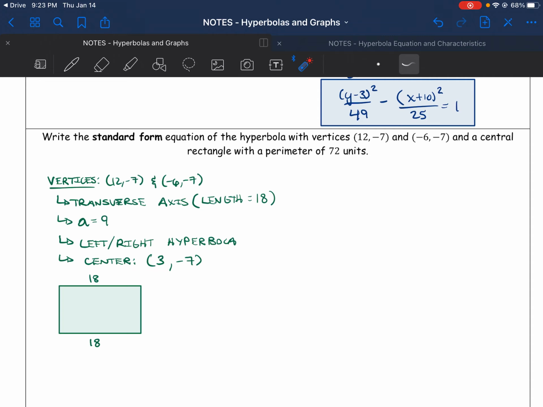So thinking about the pieces that we still need, we have the A term, we have the direction of opening for the hyperbola, and we have the center. So what we're still missing is the B term. And we're going to have to use the perimeter of this central rectangle to find the B term. So I went ahead and drew a rectangle, and we already know the central rectangle tells us the distance of the transverse axis and the distance of the conjugate axis.